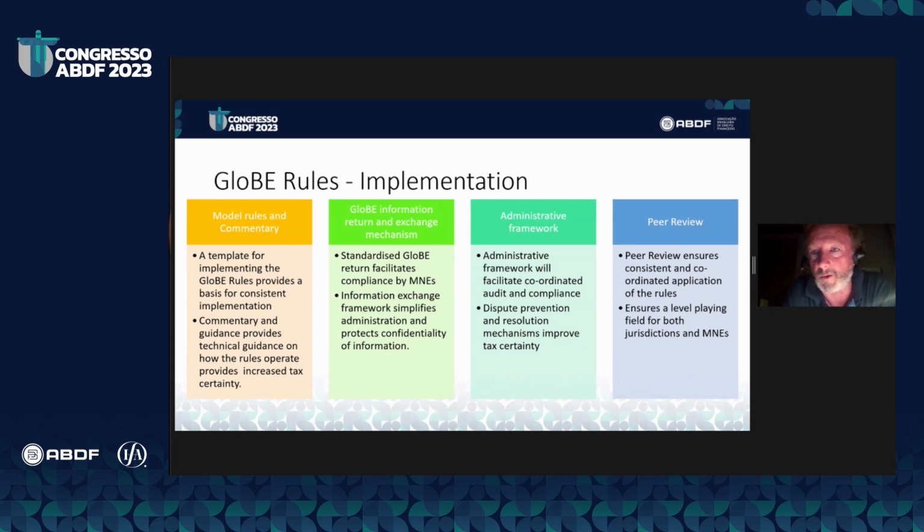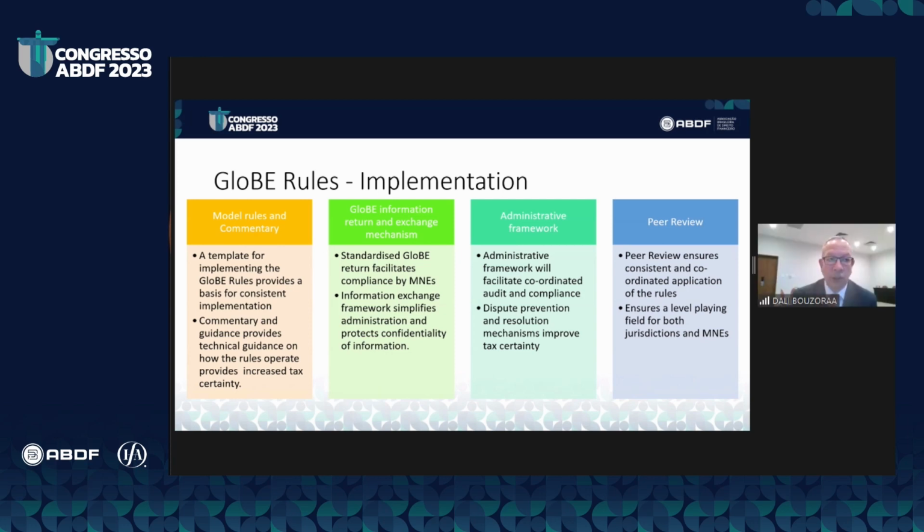And we are now working on the design of an information exchange framework that's intended to simplify the administration aspects of these rules and protect the confidentiality of information by having a common filing practice and exchange network, similar to the type of framework that we have under CBCR. Further to that, and in parallel with that, we are now looking at putting in place an administrative framework.